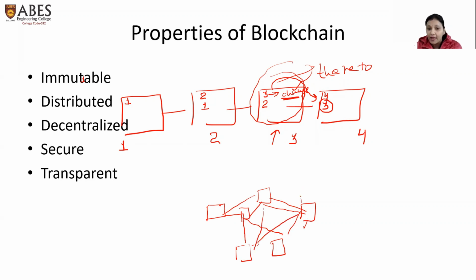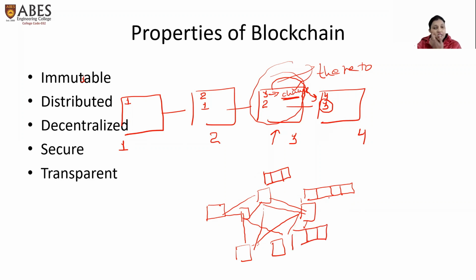And blockchain is also a decentralized ledger. Each node in the blockchain network will have its own copy of the blockchain. Each node will have this blockchain with itself.